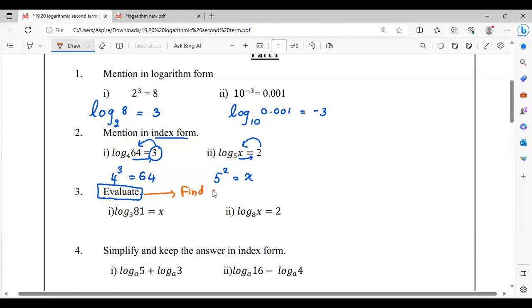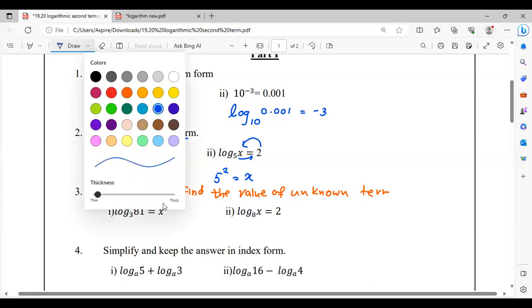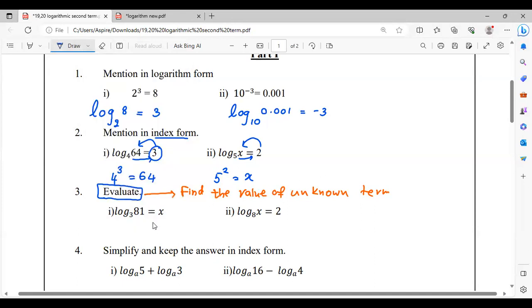Find the value of the unknown term. To find the value of the unknown term, you can express it in index form.